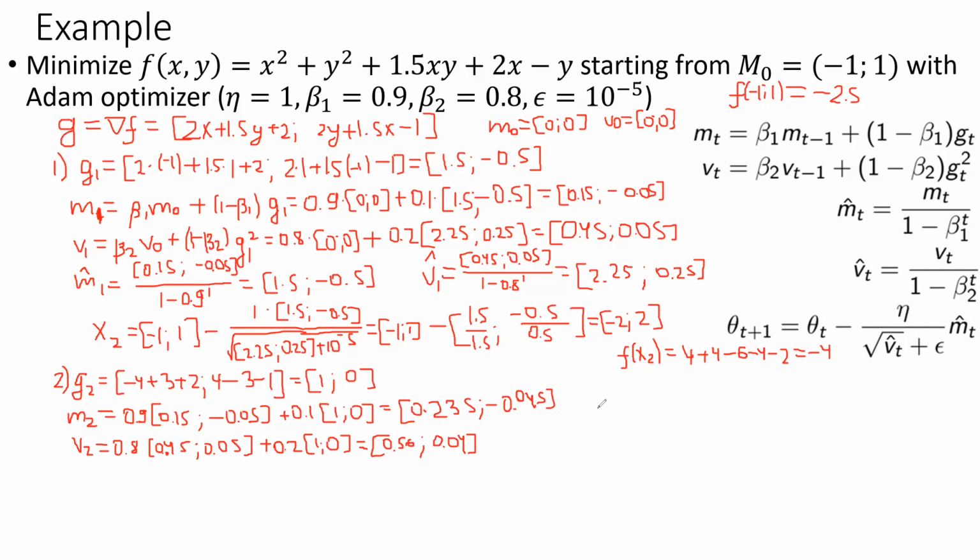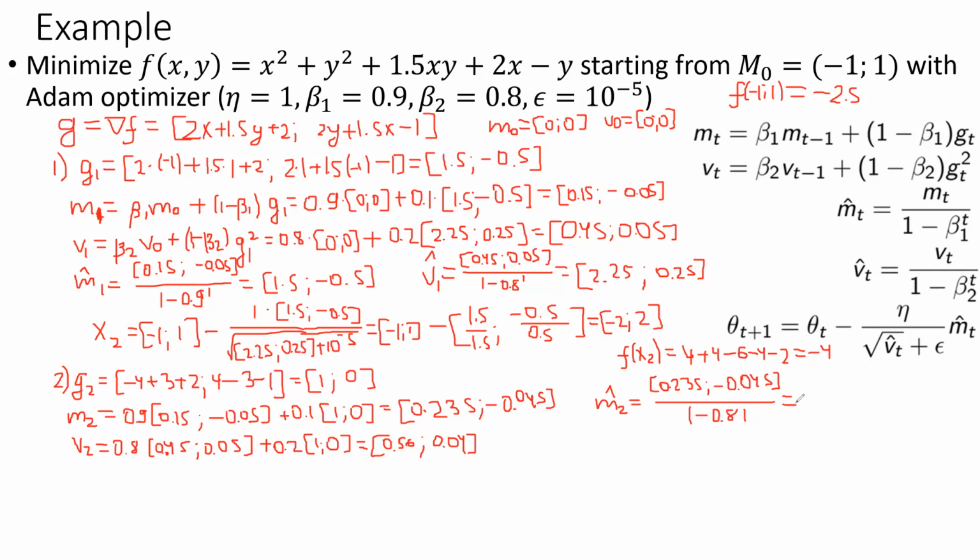Let's now calculate M2 hat and V2 hat. So M2 hat will be our M2, which is this value, 0.235, negative 0.045, divided by 1 minus 0.81, because now we raise 0.9 to the second degree.